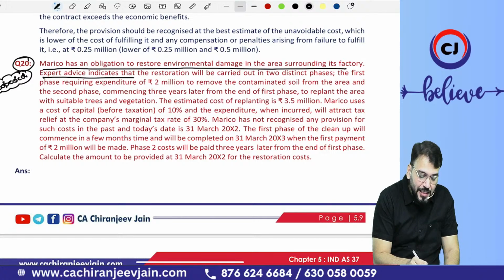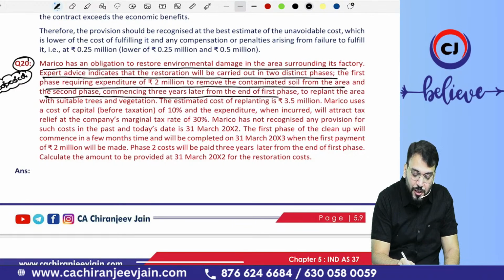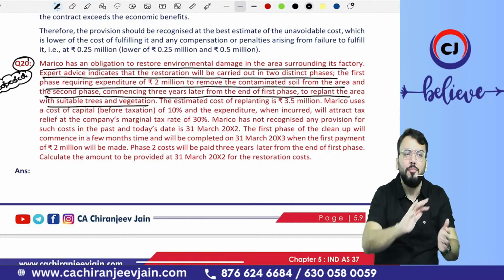Expert advice indicates that restoration will be carried out in two distinct phases. The first phase requires expenditure of 2 million to remove the contaminated soil from the area, and the second phase commences 3 years later from the end of first phase to replant the area with suitable trees and vegetation. Means we need to restore the damage whatever we have done in that environment.